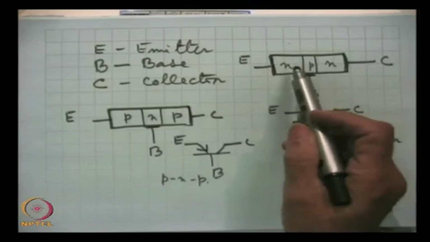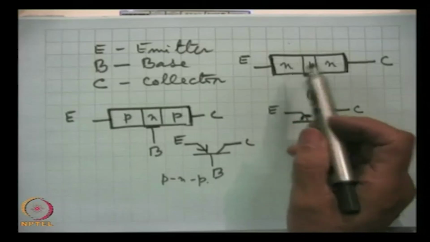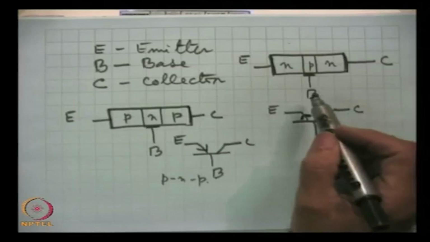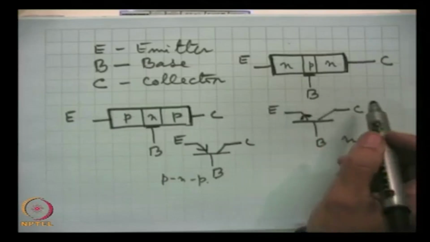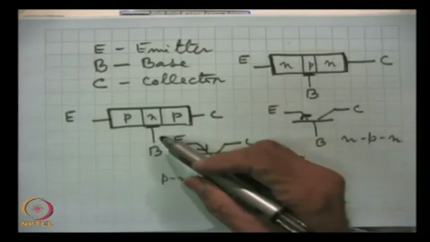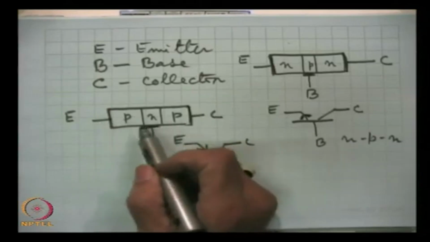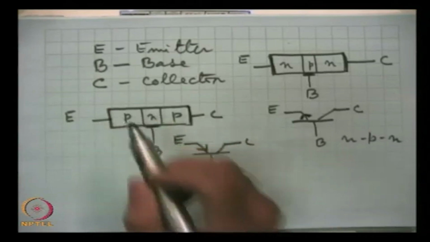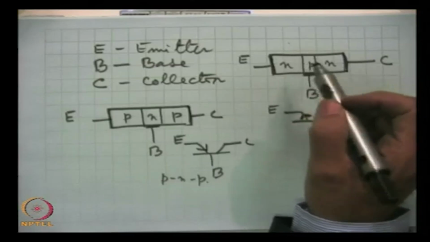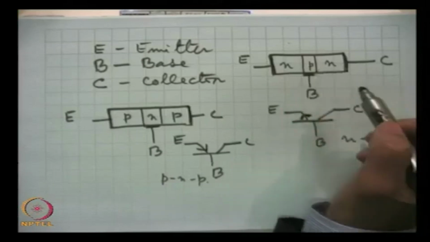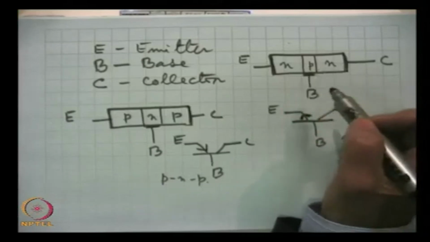Electrons have higher mobility, so an NPN transistor will work up to a higher frequency as compared to a PNP transistor. In PNP the major contributions come from holes, while here they are from electrons, electrons being of higher mobility. So, NPN transistors can function up to higher frequency of operation.